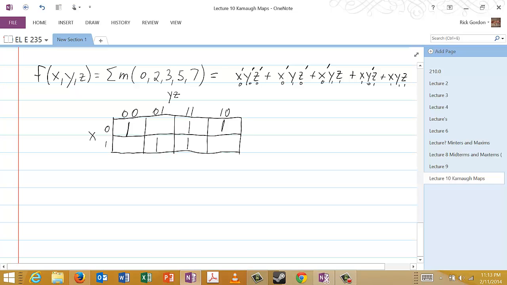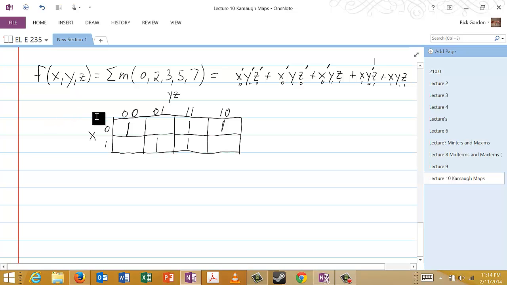For this one, 1, 0, 1, which corresponds to this, and then finally 1, 1, 1, which corresponds to this cell. In fact, you will quickly learn how to actually count in the Karnaugh map.